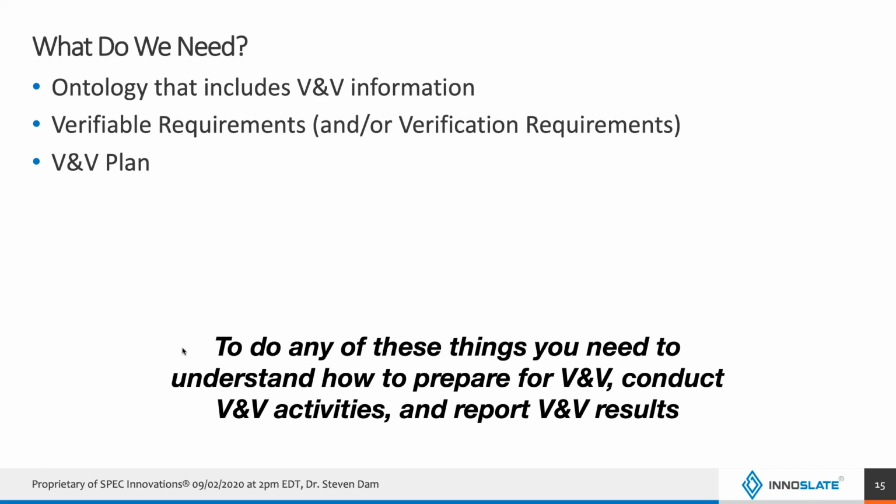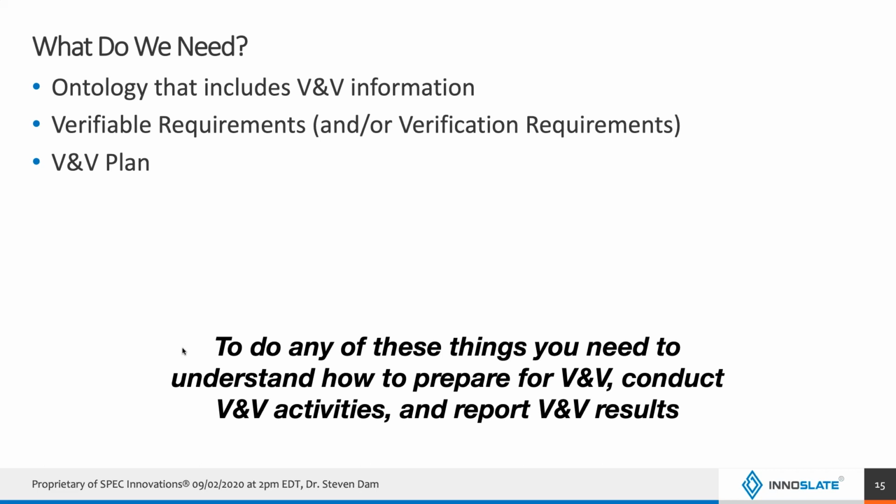Section 3 was your requirements section, the one that had the detailed requirements for the system. But section 4 was the verification requirements. That's usually how we constructed specifications. People do it a little more ad hoc these days, but ultimately I have to have either verifiable requirements, in other words the requirement itself is verifiable, or I create a verification requirement, which is a specific requirement on how I'm going to verify.